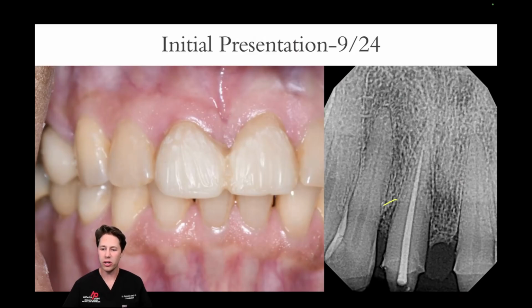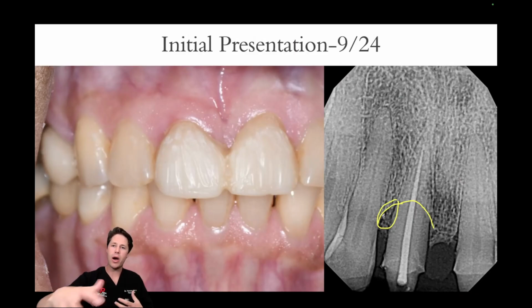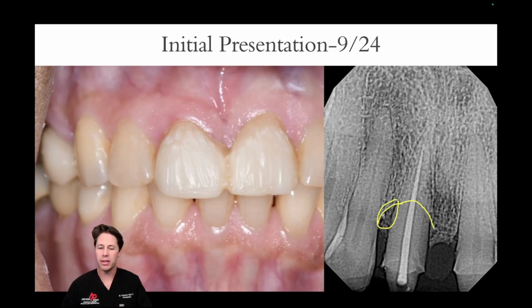You can see the darkness right here on the distal aspect, but you can also see this line here if you use your imagination. So you have a circumferential defect extending from the buccal on the distal aspect around to the palatal aspect of tooth number 8. Again, I'm unsure of the prognosis, but remember, prognosis can change with treatment.